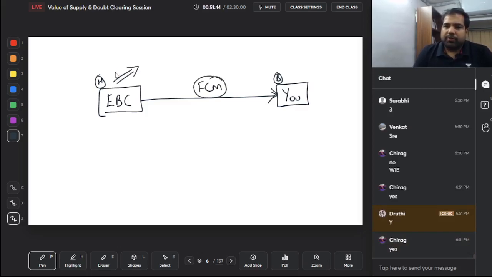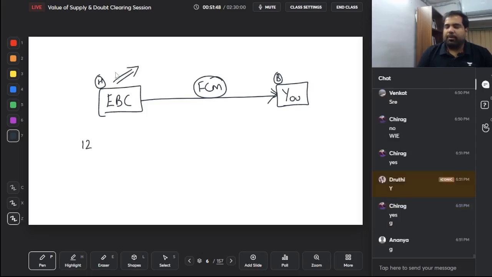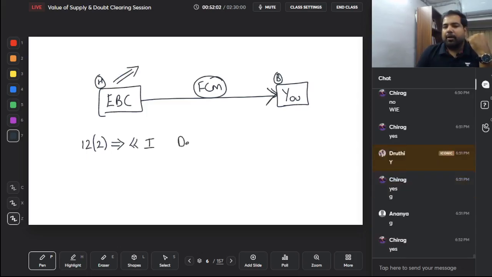Is this goods or services, guys? This is goods, so section 12, time of supply. And is it FCM? Yes. So section 12(2). Now that the electric bike company has supplied you the bike, guys, will they demand payment? Yes. The shortcut is: I demand payment. That is the shortcut.